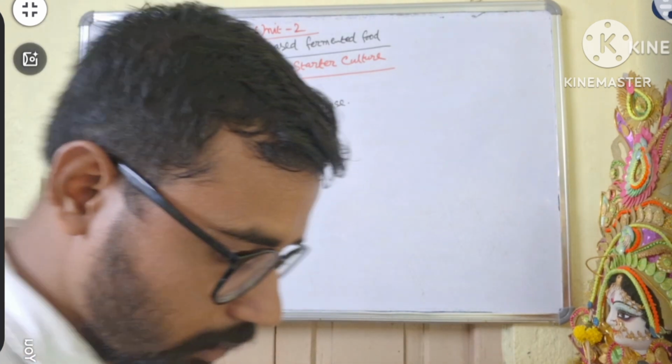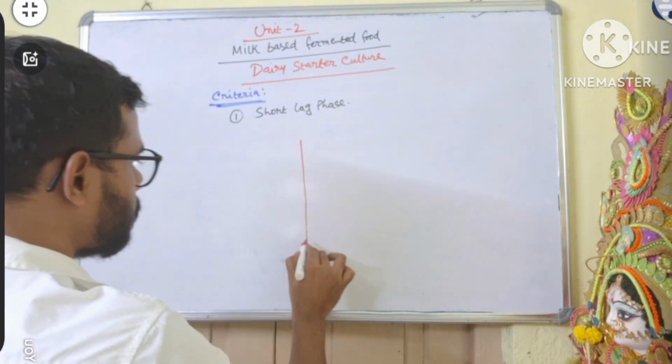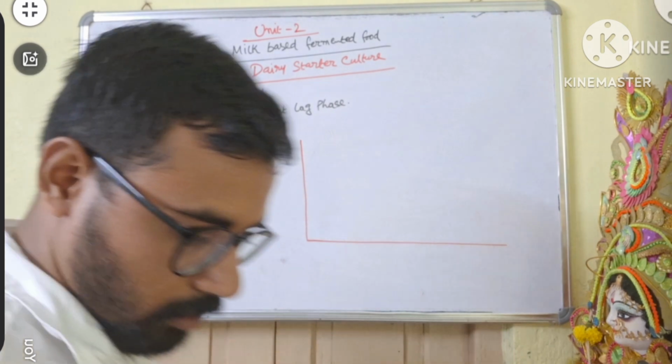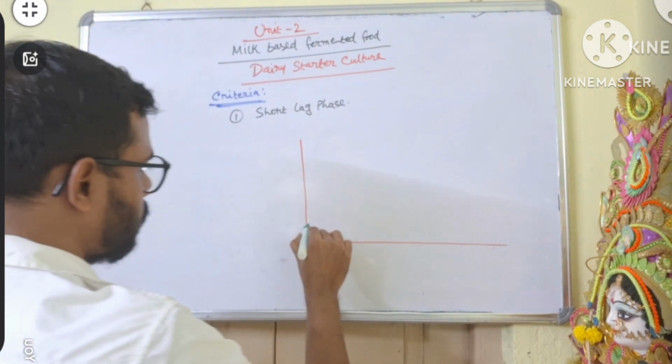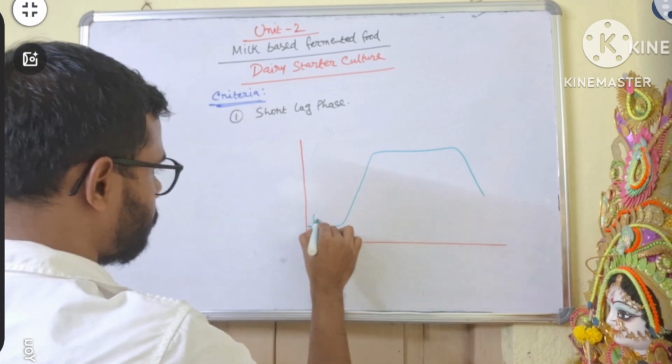What is lag phase? In bacterial growth there are four different stages: lag, log, stationary, then death.